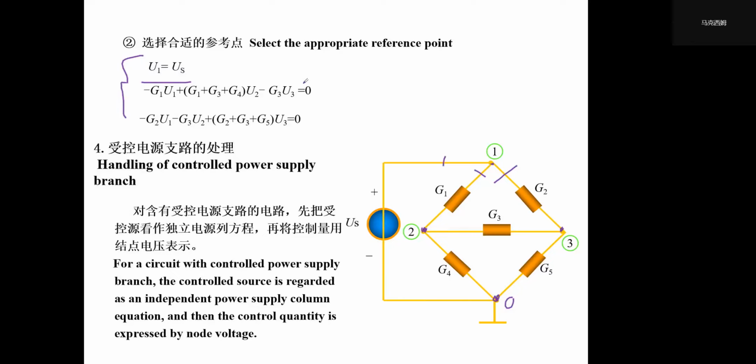Similar to how we treat the control source in the loop current method, we do it like this.